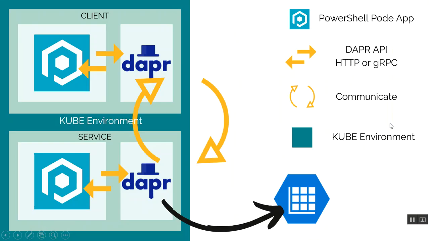Alrighty, this is our high level diagram of what we are going to do in our demo. In the left pane, you can see I've got a cube environment, the color shade on the right, and it has a client and a service. I've got two applications, both PowerShell Pode applications.